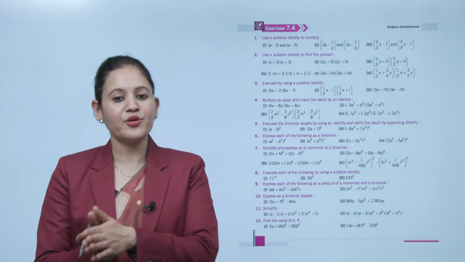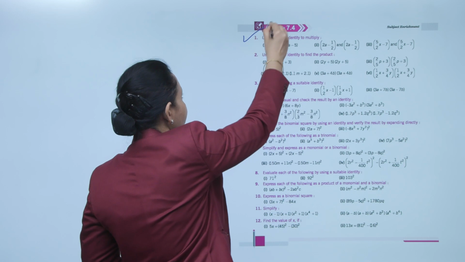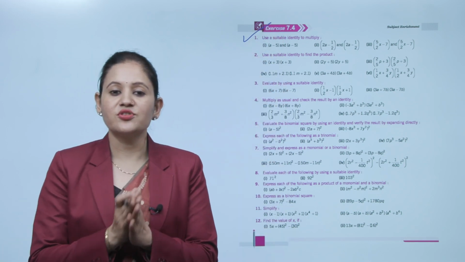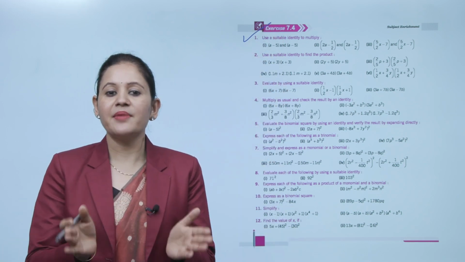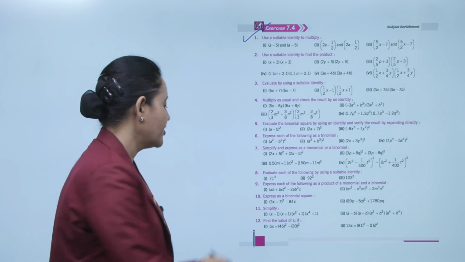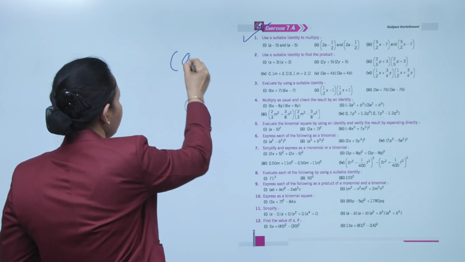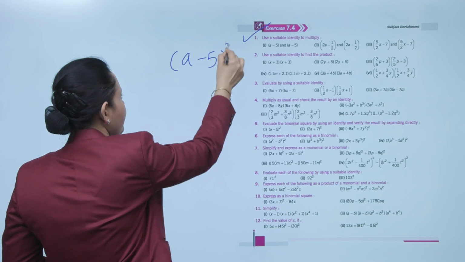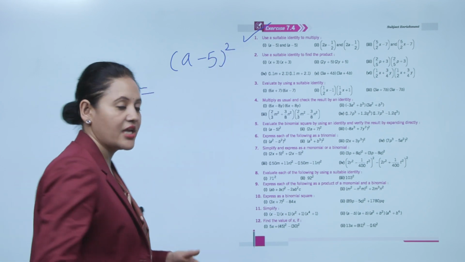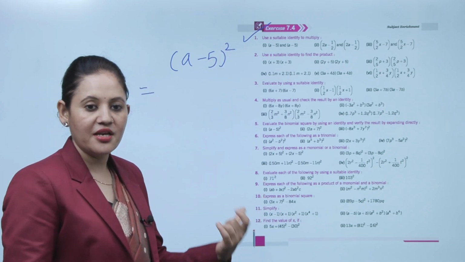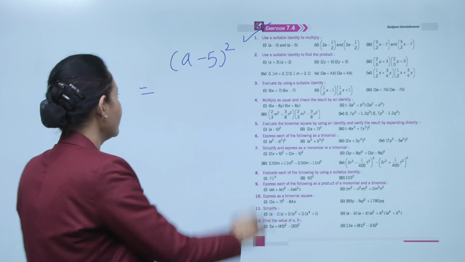Next is exercise 7.4. Use the suitable identity to multiply a minus 5 multiplied by a minus 5. So we can write it as a minus 5 whole square. So a minus b का whole square क्या होता है? a square plus b square minus 2ab.